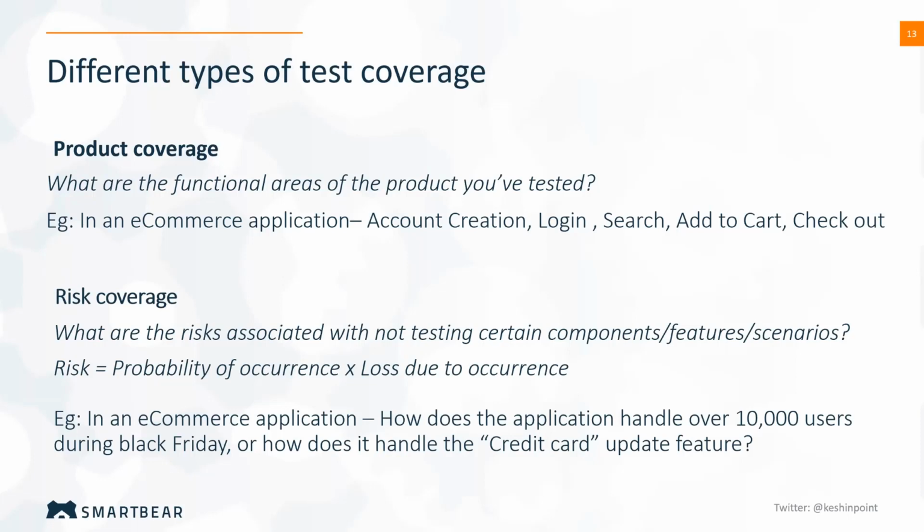We need to look at it from the monetary perspective. So we're able to see not only the critical paths that we see taken most often, but also the paths that maybe not a lot of people are taking, but if they do take these paths, and if our application's not performing correctly in these situations, if there are functional issues, then there might be a lot of loss because of these actions.